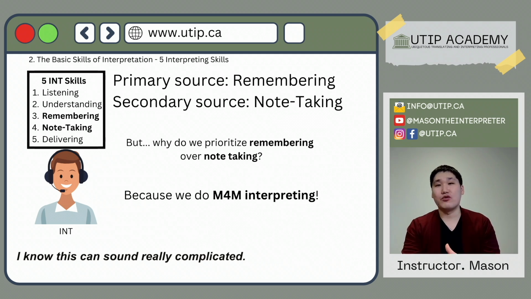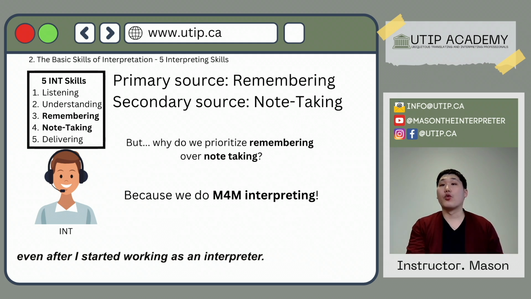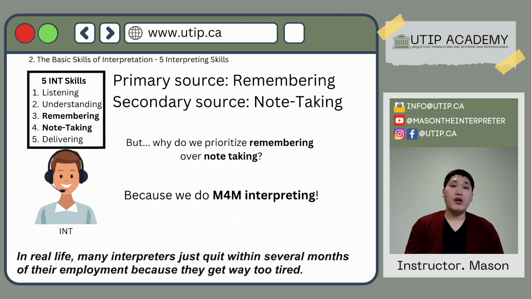I know this can sound really complicated. Personally speaking, it took me a long time to actually understand this concept even after I started working as an interpreter. In real life, many interpreters just quit within several months of their employment because they get way too tired.